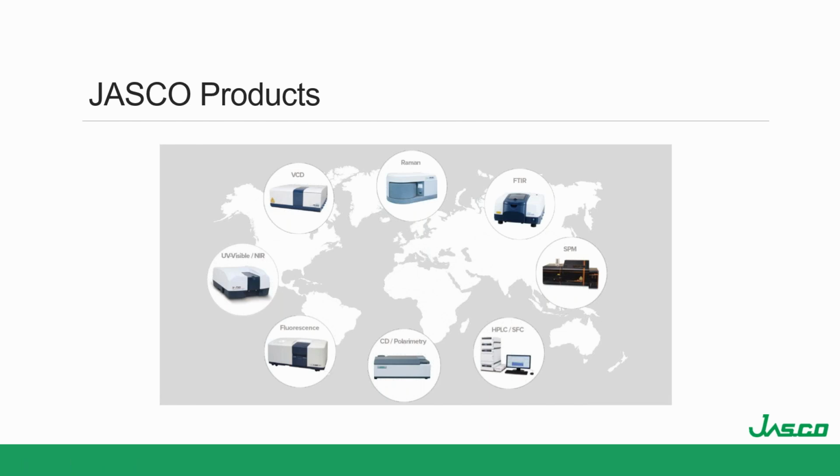As far as the HPLC and SFC is concerned, all formats are offered. So we have UHPLC, semi-micro, standard HPLC, preparative, and same for SFC. So what we're going to do is kind of focus in on this area for the moment, just to explain some of the differences that you'll see between the two techniques.